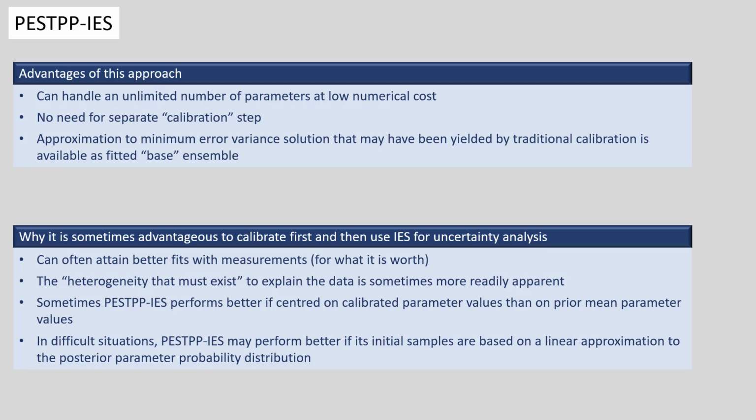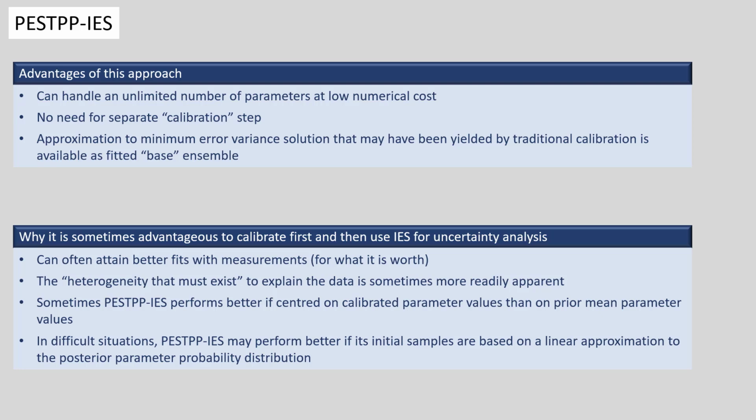Thirdly, in particularly difficult history matching contexts, IES might perform better if the initial ensemble is actually centered on a calibrated parameter field, so centered on the parameter field of minimum error variance, and or if the sample is based on samples of a linear approximation to the posterior parameter probability distribution, which we'll discuss in the next couple of slides.